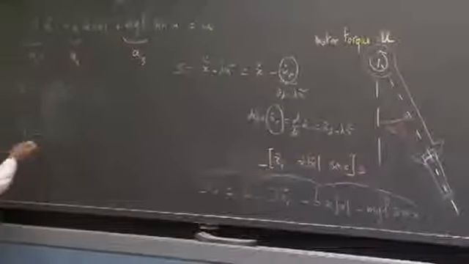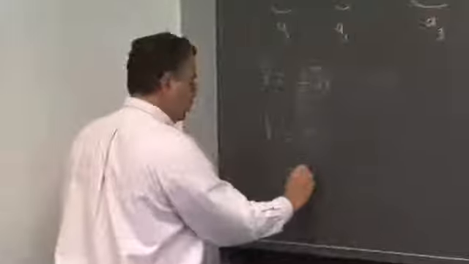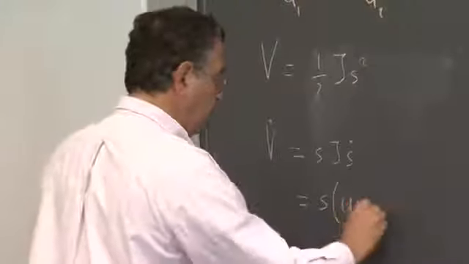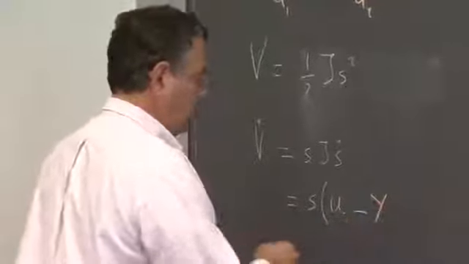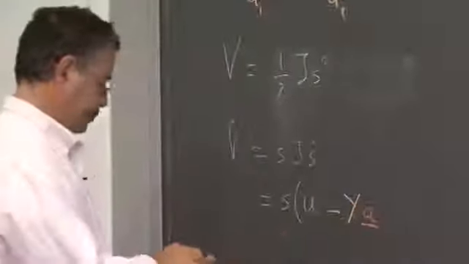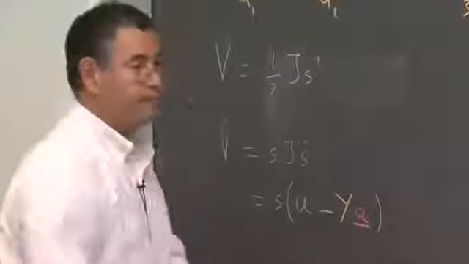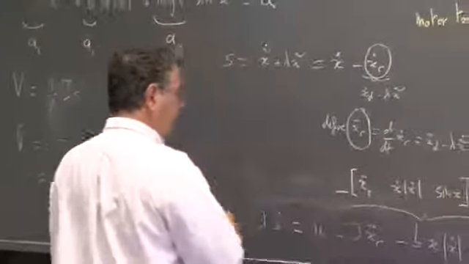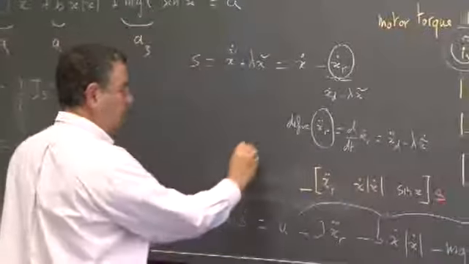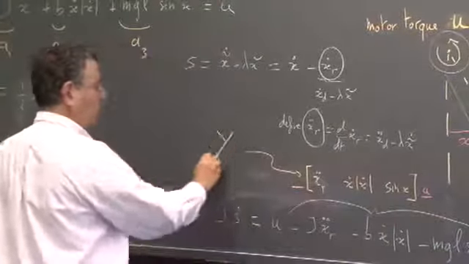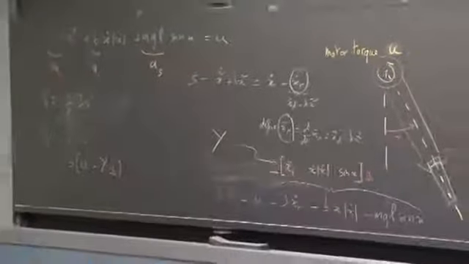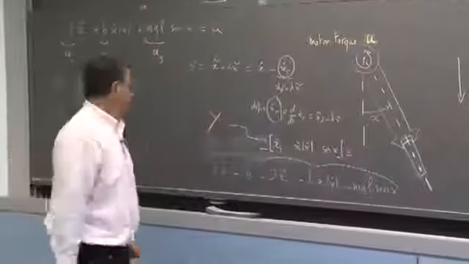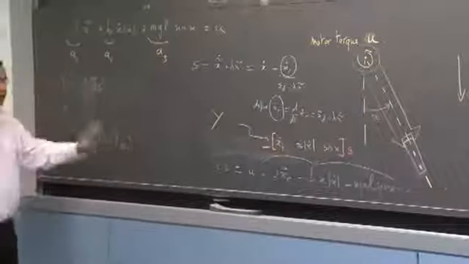So this whole thing, SJS dot, is really S U minus Y times A, where Y is going to be this matrix in the bracket. This matrix is Y.